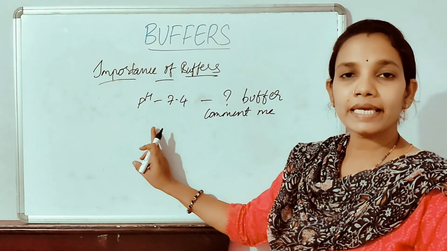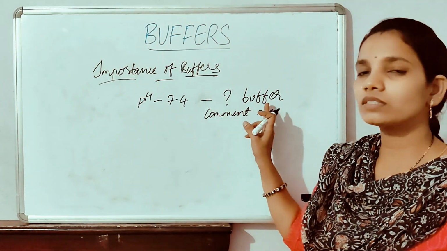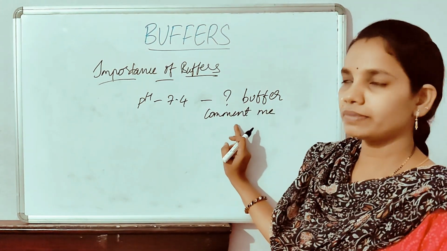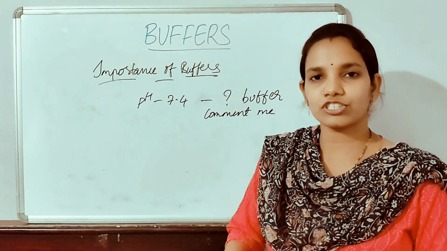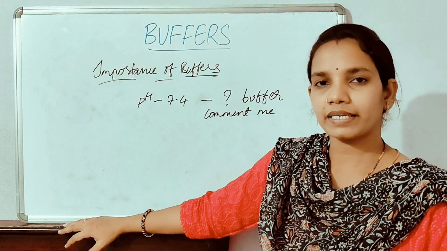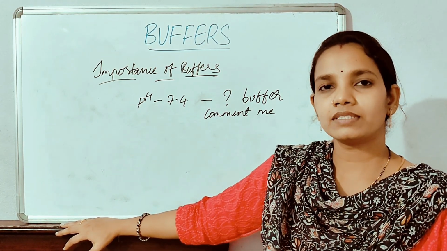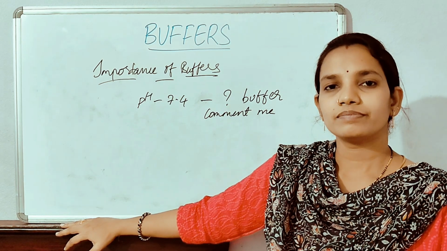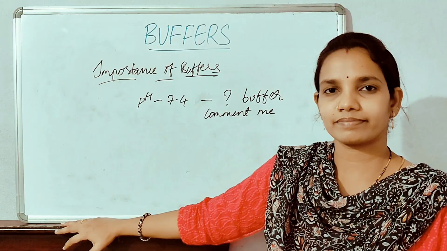In our blood, pH stays at around 7.4 because of which buffer? If you know, comment me. Second, enzymes work at specific pH levels. Buffers help maintain that. And finally, in industries and labs, buffers are used in reactions, food products, and even in medicines.